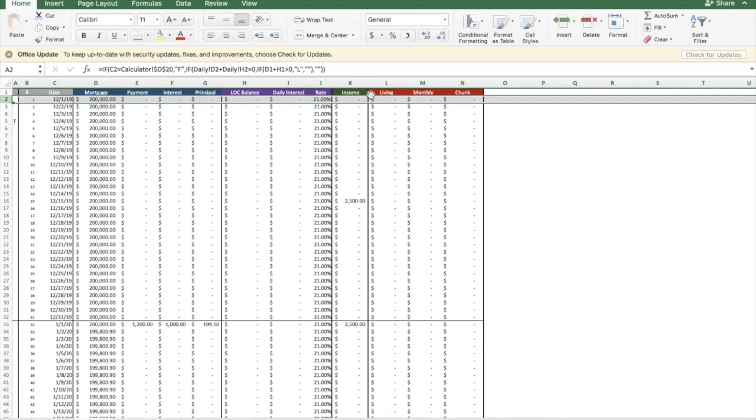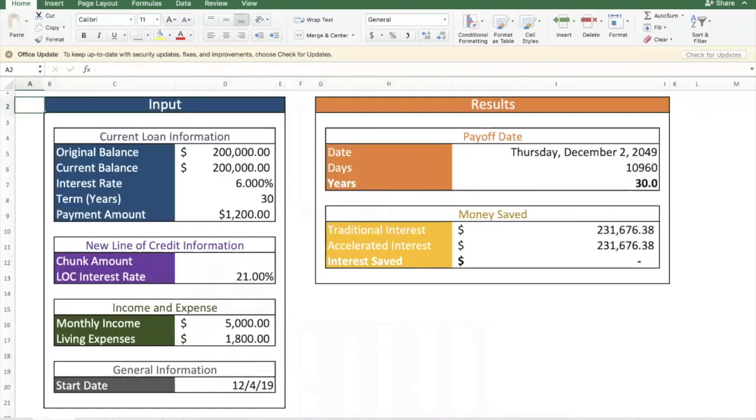Your expenses are in the red: the living expenses, and also your chunking amount, which is the amount you're going to use for the velocity banking account, and I'll explain that in a minute. There's nothing in the chunking amount or the line of credit right now because we don't have anything put into those cells on the calculator.